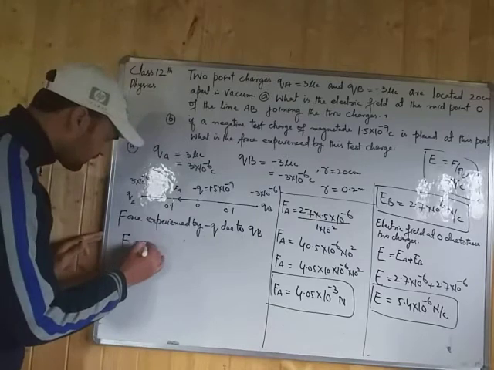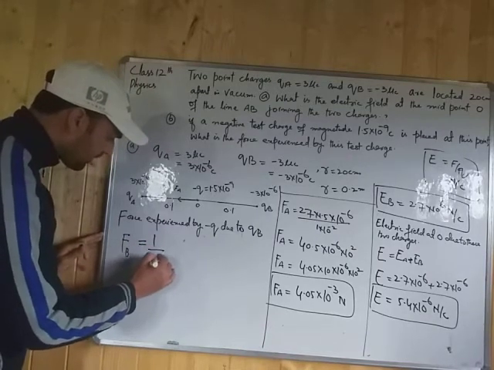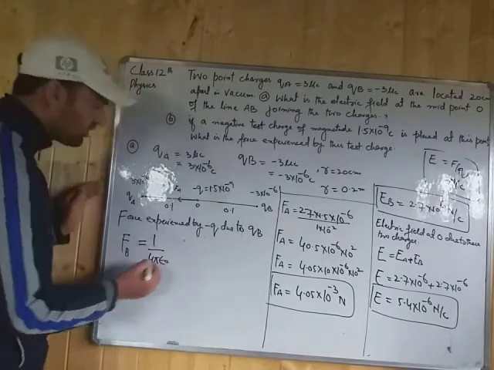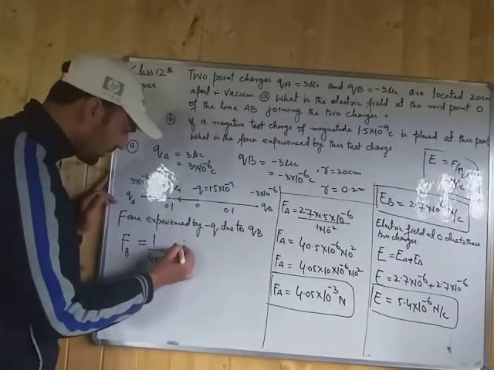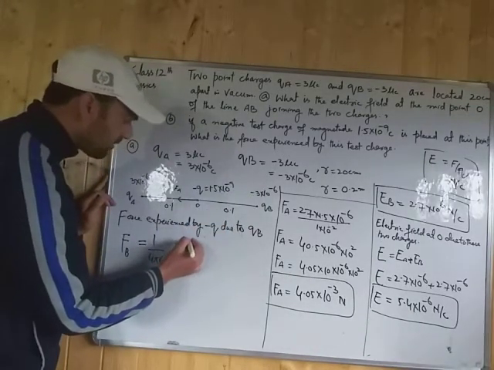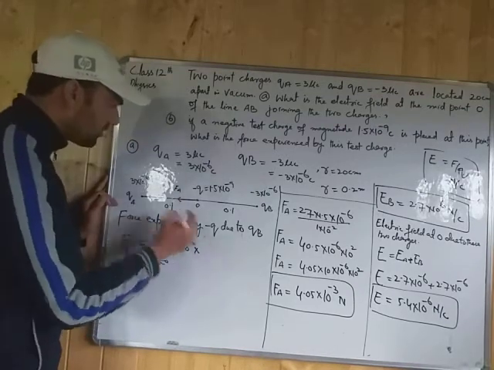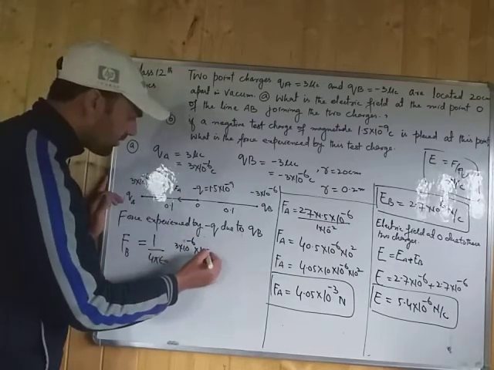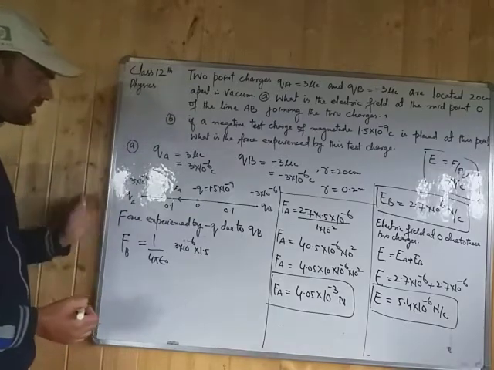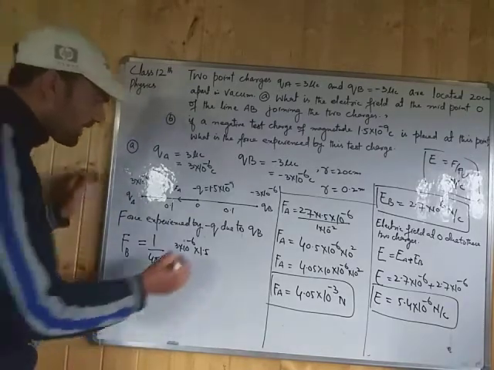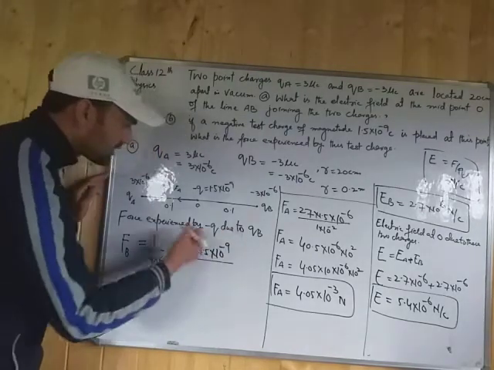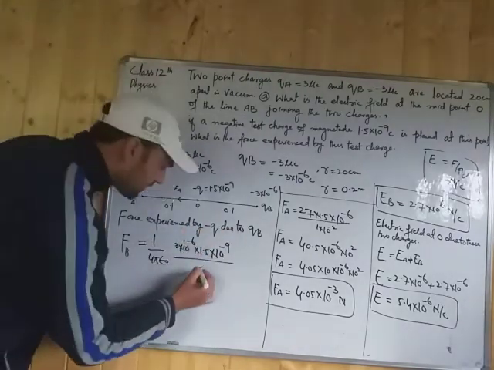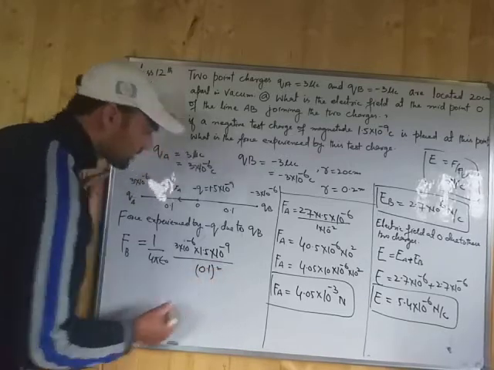So that is equal to 1 divided by 4 pi epsilon naught. So q1 here is 3 into 10 raised to power minus 6, into qb, that is 1.5 into 10 raised to power minus 9, divided by the square of the distance between them, that is 0.1 whole square.